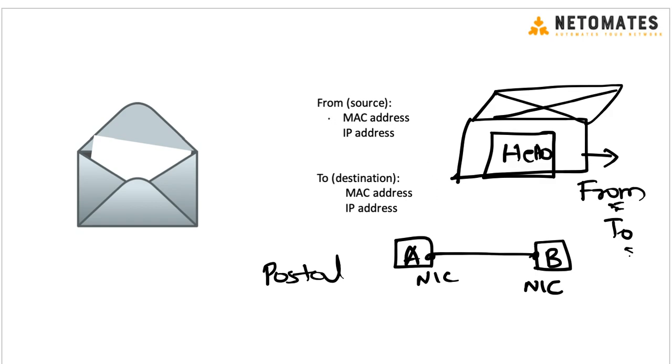So it will include its MAC address and its IP address in the from field. In the to field, it will include the MAC address of the computer where it wants to send the data, and the IP address of the computer where it needs to send data.